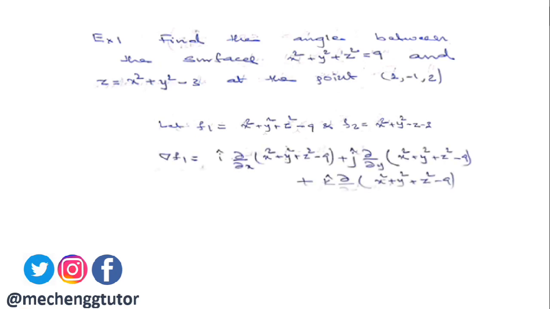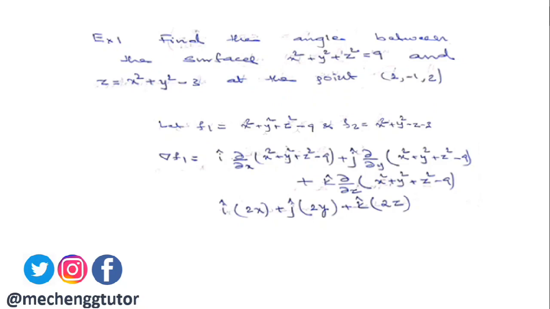So let us denote the first surface as f1, x square plus y square plus z square minus 9, and f2 the second surface, x square plus y square minus z minus 3, meaning all terms are collected on one side. It is a very simple problem.